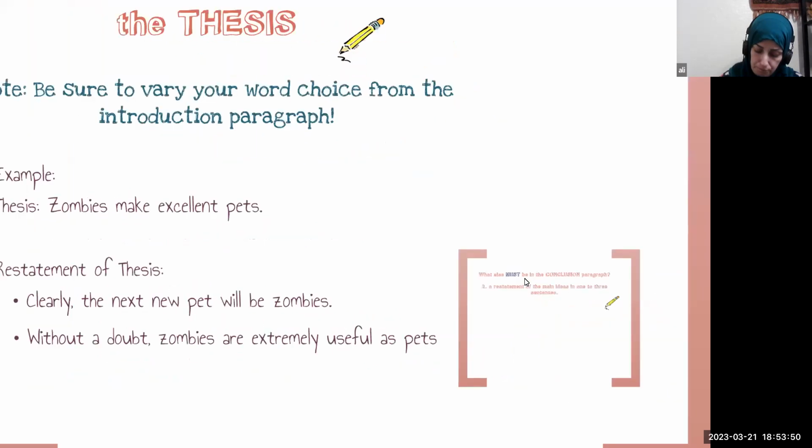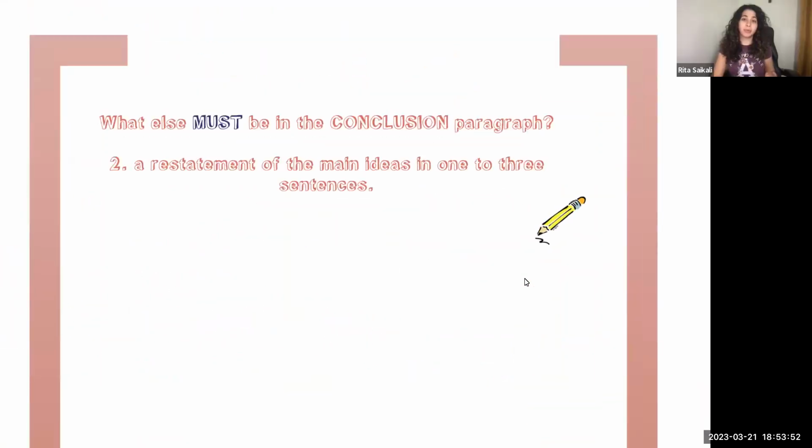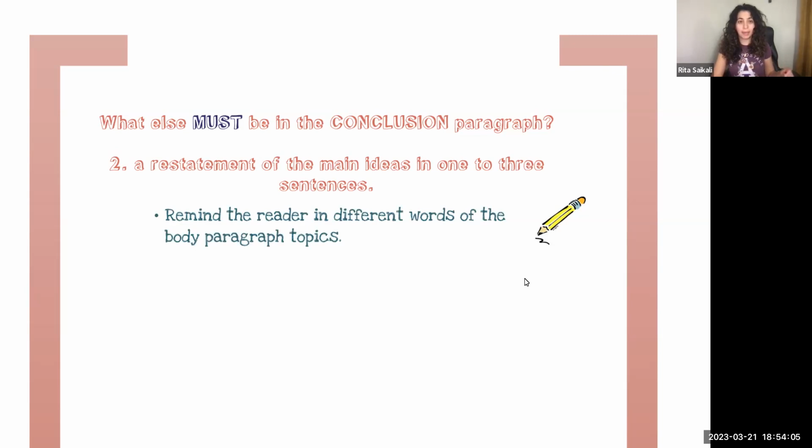Yeah. Awesome. All right. What else must be used in a concluding paragraph? A restatement of the main idea in 1 to 2 sentences. Okay. So you want to take that main idea and rewrite it. Remind the reader in different words of the body paragraph topics. Basically a 5-paragraph essay has 1 introductory paragraph, 3 body paragraphs, and a concluding paragraph.